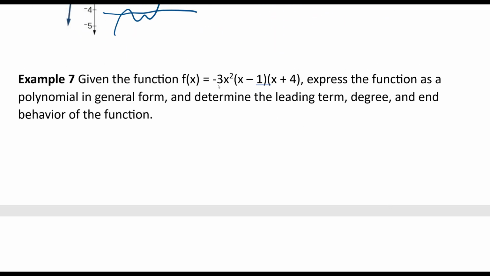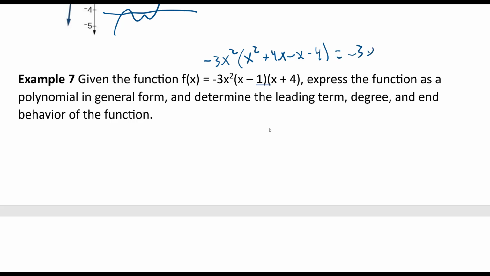Given the function f of x equals negative 3x squared times x minus 1 times x plus 4, express the function as a polynomial in general form and determine the leading term, degree, and end behavior. So I'm going to look at this as negative 3x squared times, and I'm going to FOIL that out, and that's x squared plus 4x minus x minus 4.